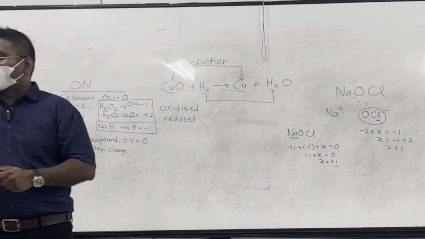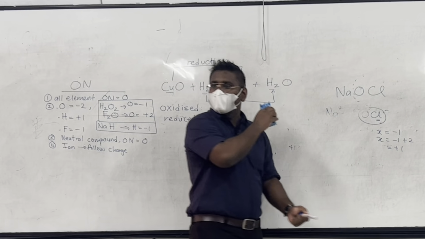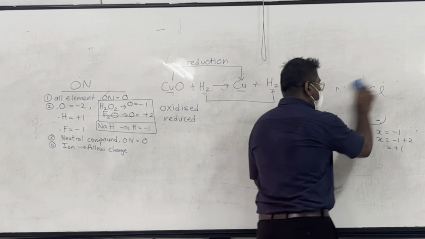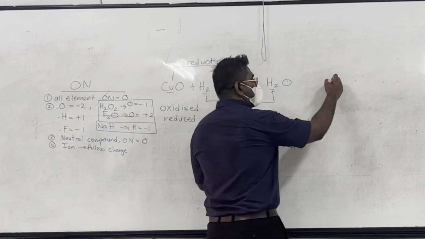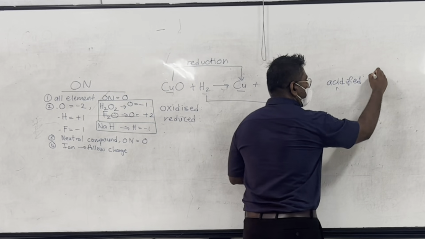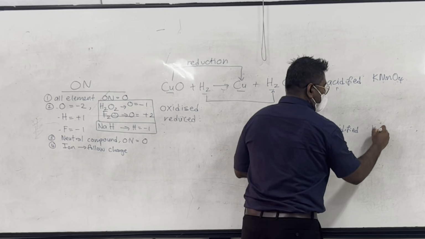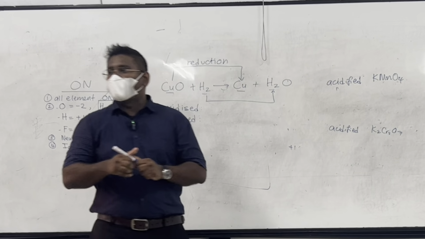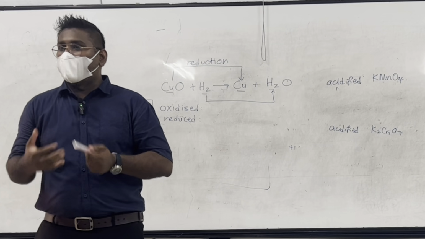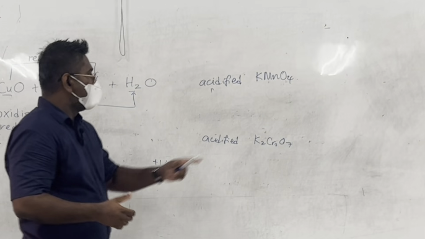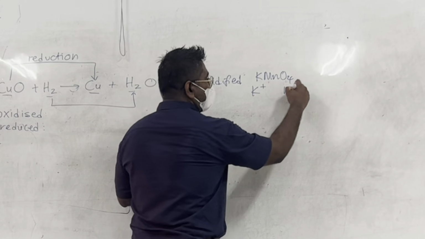Why am I teaching you this method? Because in future, when we are looking at acidified potassium manganate and acidified potassium dichromate, if they ask you to find the oxidation number of manganese, Mn, and chromium, Cr, rather than calculating the entire thing, you can separate them into K+ and MnO4-.